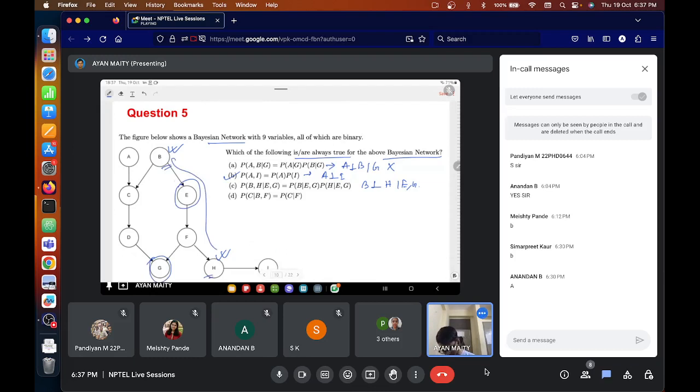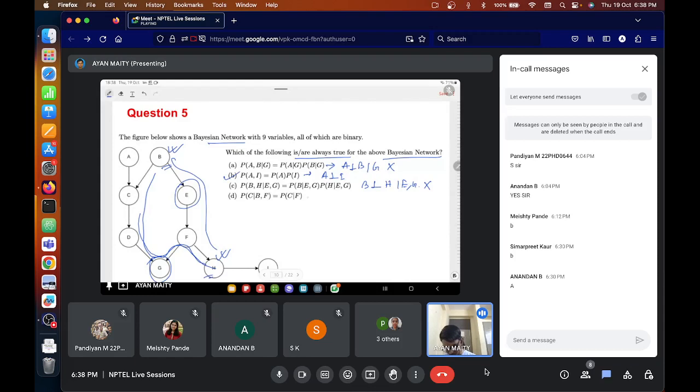This is one path and this is another path. If you check this second path, it is actually not blocked. If this path is not blocked, then B and H are not conditionally independent, so this option would be wrong.